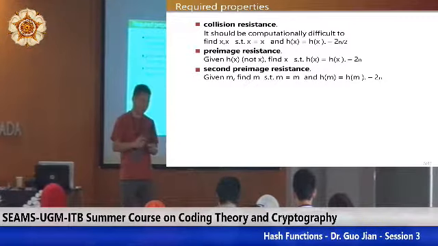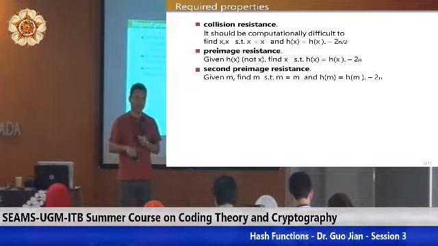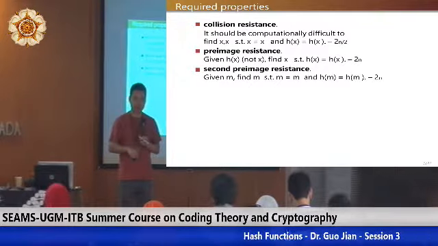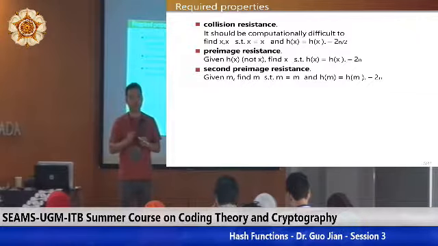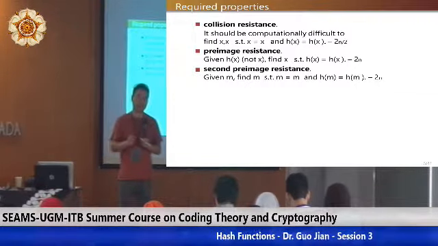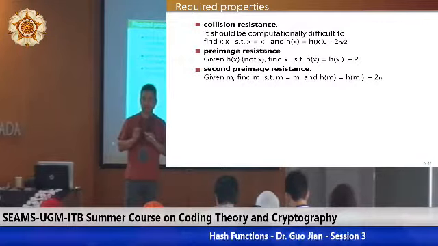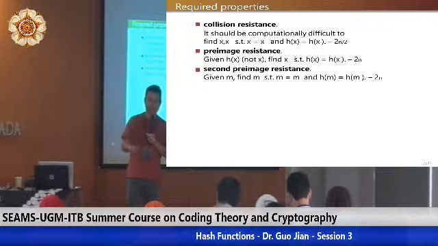Because what you can do is randomly pick a message, compute the digest, and check against the one you've been given. If it's not equal, you pick another message, compute the digest, and check again. So you repeat the process. How many times do you expect to repeat this process before you get a correct hit? 2 to the n.